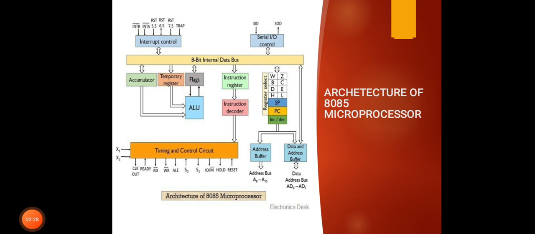This is the architectural diagram of the 8085 microprocessor. A microprocessor is used to execute a program, which is nothing but a set of instructions.